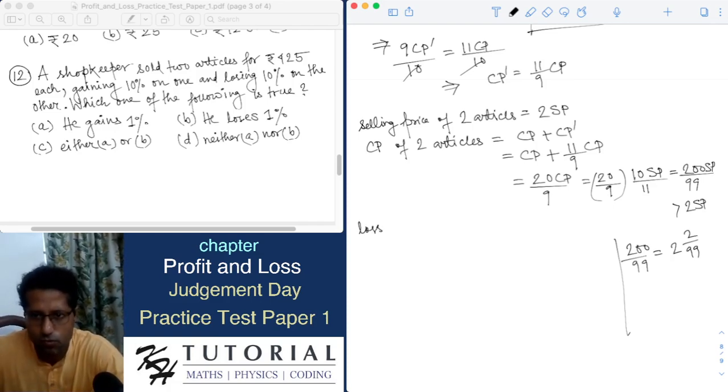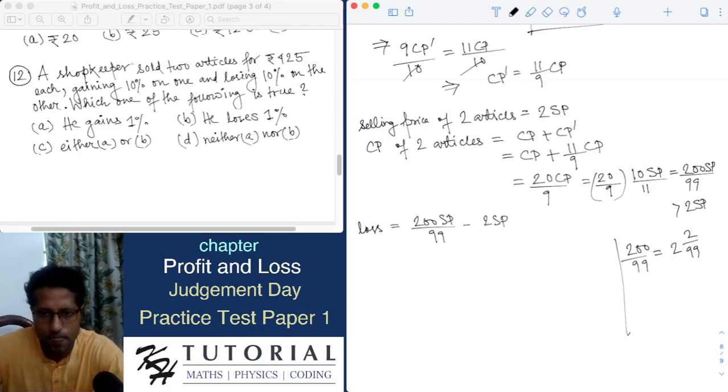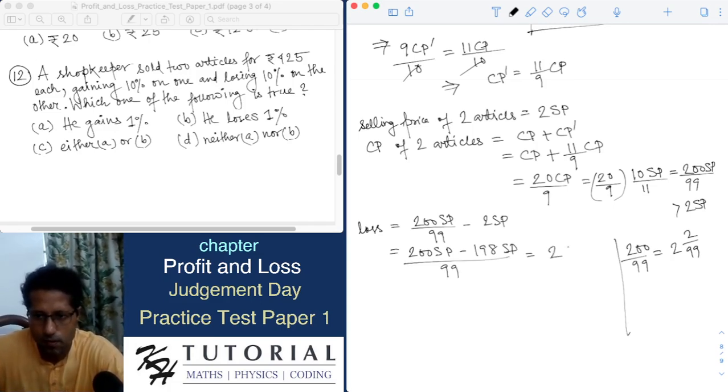So definitely there is a loss. The cost price of two articles is more than the selling price of two articles. So the loss is 200 SP by 99 minus 2 SP. This is equal to 200 SP minus 198 SP by 99, which is 2 SP by 99. Loss is this.